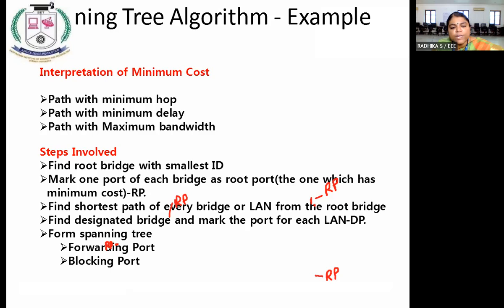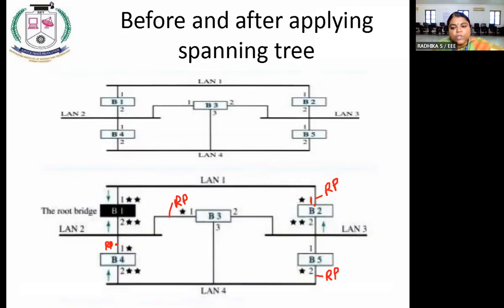You have to find the shortest path from the root bridge for each of your LANs. So we have to look at each of the LANs. For LAN 1, through which port of the bridge can I travel to easily connect the LAN to the root bridge?